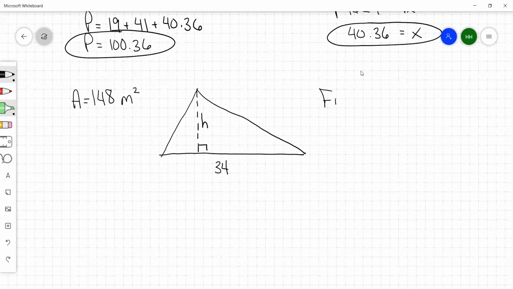You got to find H. So the best way to do these is to write out the formula for area first. Area of a triangle equals 0.5 times the base times the height.